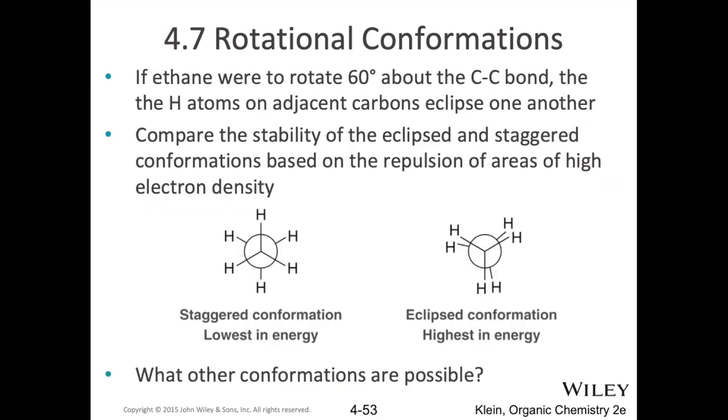Okay, so when you have the 60-degree torsional angle, we call this a staggered conformation. It's staggered because we don't have any overlap between atoms on adjacent carbons. And because of this lack of overlap, and therefore less steric hindrance, less repulsion between those groups being stacked on top of each other, they're lower in potential energy. They're more stable.